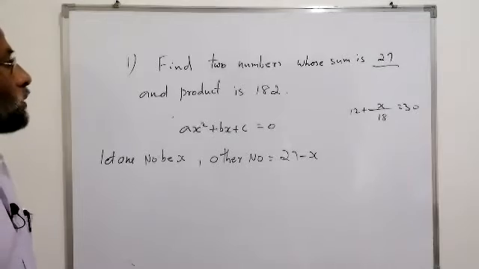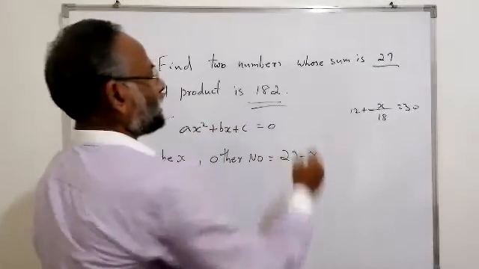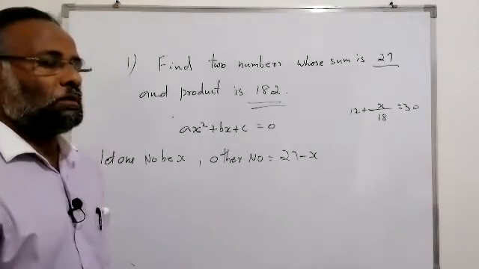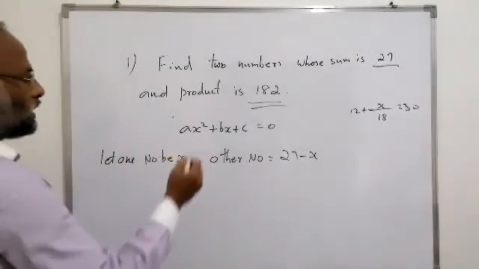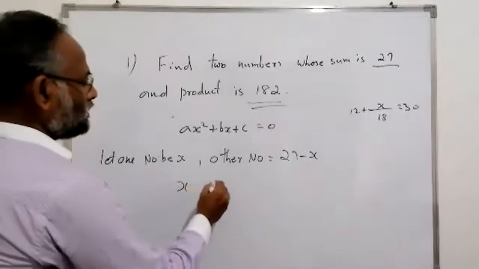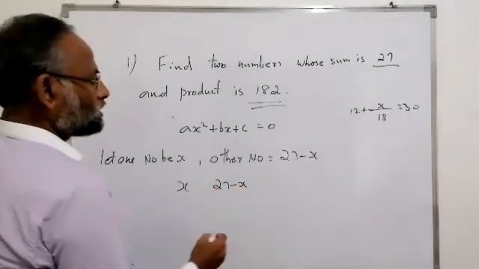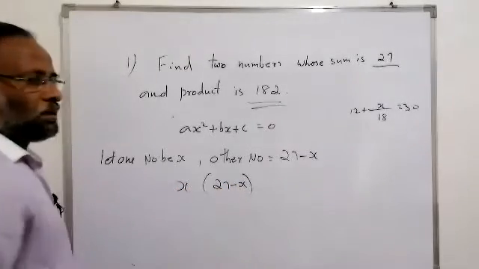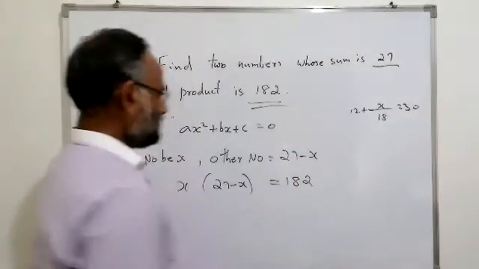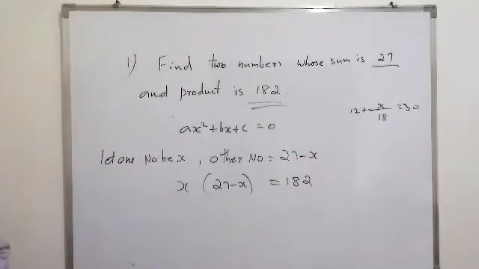And product is 182. Now you can do. Product is 182. Okay. Now what is one number? x. And other number 27 minus x. What do you mean by product? Multiplication. That is equal to 182. Am I right?